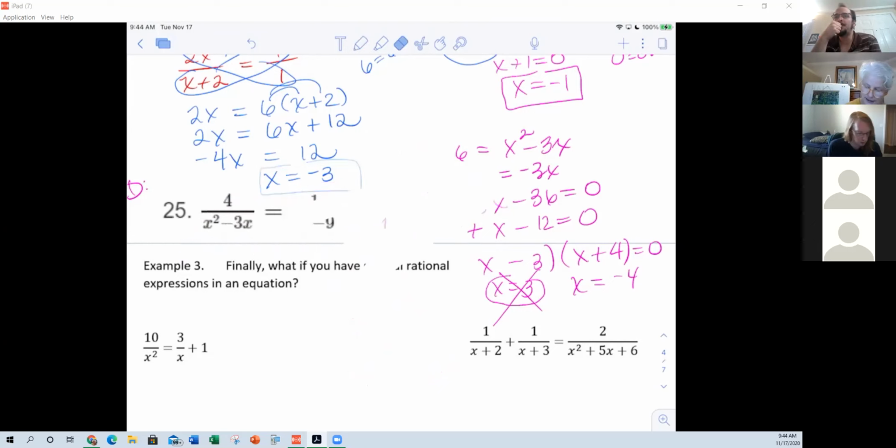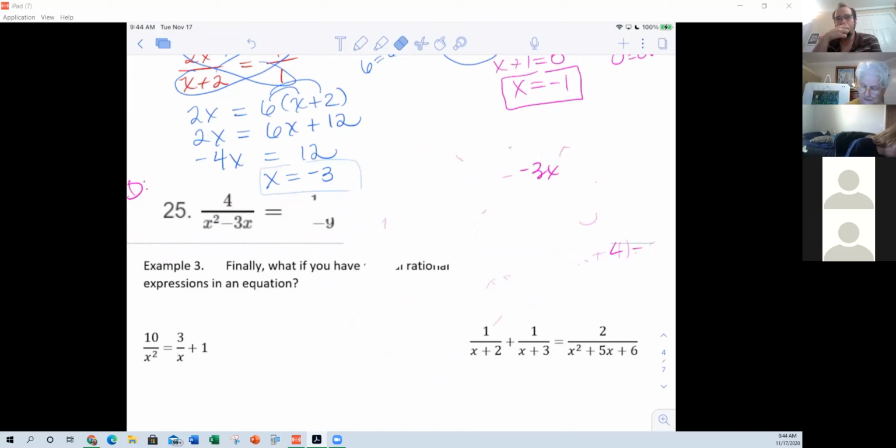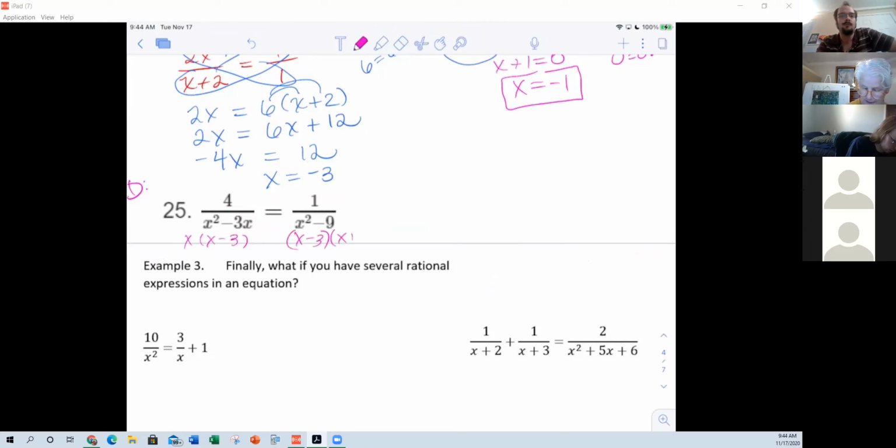Okay, so then this one also, just for grins, if you found the common denominator, this is x times x minus 3. This is x minus 3 times x plus 3. So the LCD is x times x minus 3 times x plus 3.